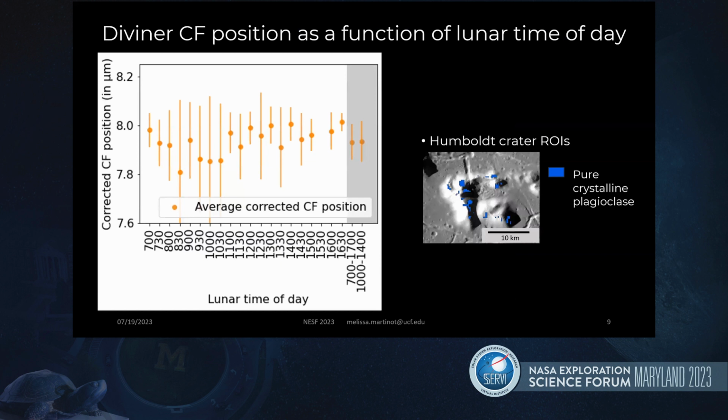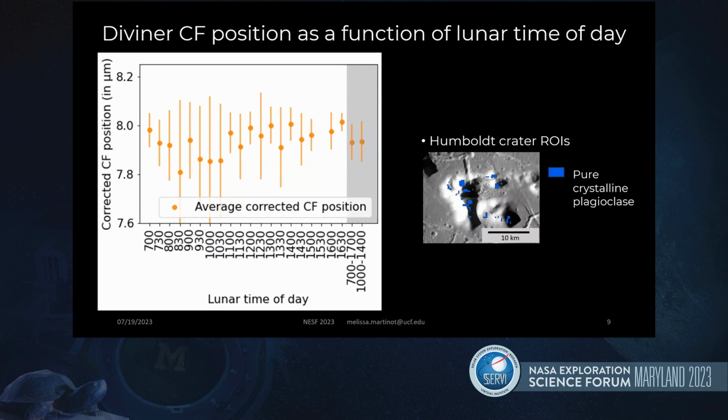I told you that we only selected data between 10 a.m. and 2 p.m., and I think this graph is a good representation of the variation of the Christiansen feature position as a function of time. Each point here represents 30 lunar minutes. We can really see that there is a big scatter in the data, and those points are associated with the Humboldt central peak.